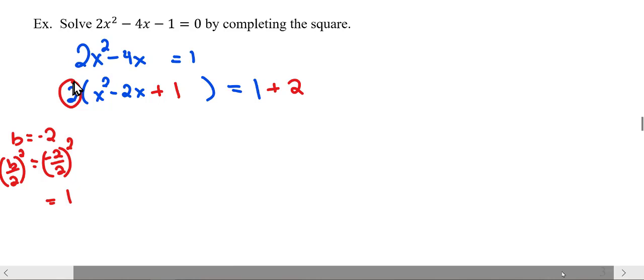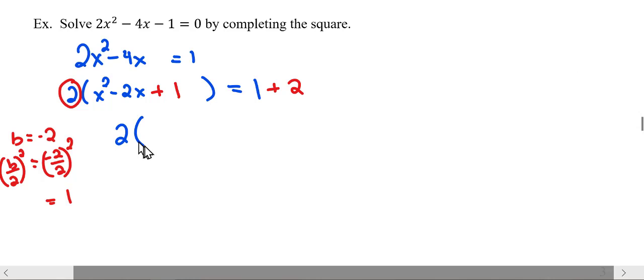If I were to distribute that out, what I actually added to the left side of this equation was 2, because the left side of this equation with that plus 1 in there is equal to 2x squared minus 4x plus 2. That 2 on the outside still impacts the total net gain on the left side of the equation. So that is why we added 2 to the right side.